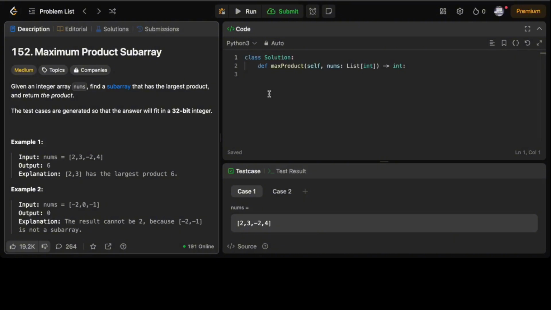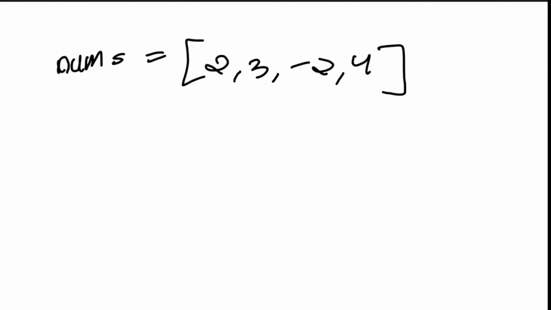Let me show you an example. When it talks about subarrays, this here's a subarray, or this here's a subarray. The numbers have to be adjacent to qualify as a subarray.